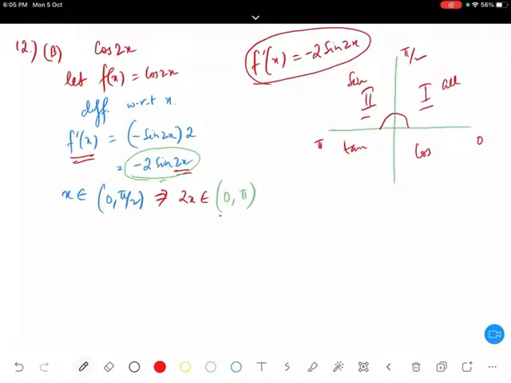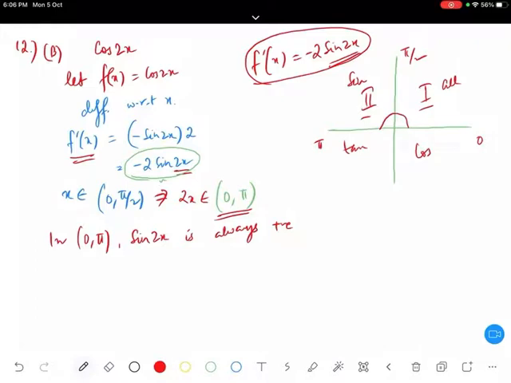So here the interval they are talking about is 0 to pi. So can I say in the interval 0 to pi sine 2x is always positive? Yes or no? In 0 to pi, sine 2x is always positive.